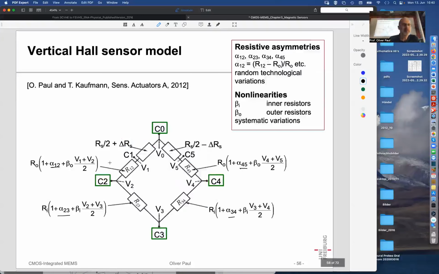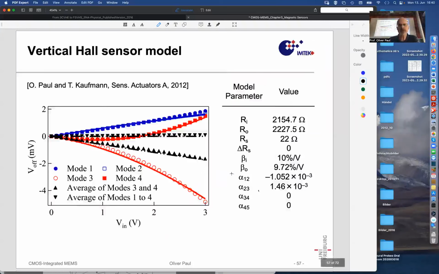What were those? The beta coefficients are the ones that describe this junction field effect. So these junction field effect coefficients are assumed to have 10% per volt and 9.7% per volt. So roughly 10% for both inner and outer resistors. And with that, you're able to model the measurement rather decently.